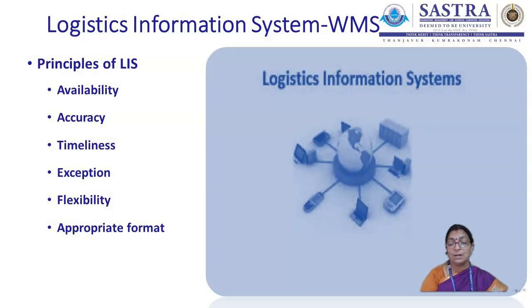A flexible logistics information system must be able to accommodate all types of requirements from different ends. Internally, the information system must also be upgradable to meet future information requirements. So this is the fifth principle.